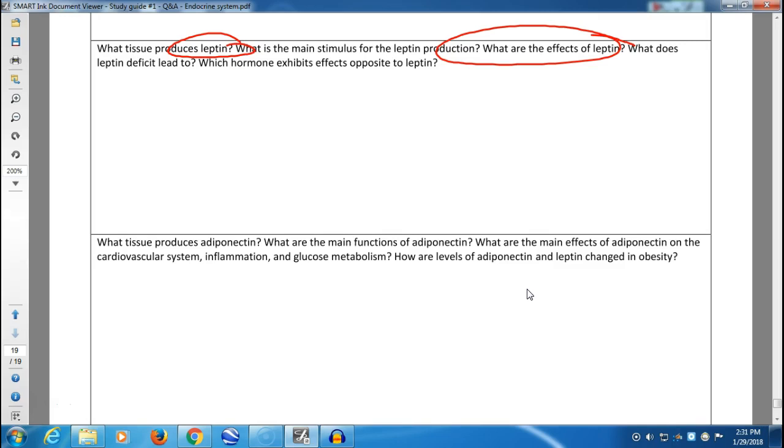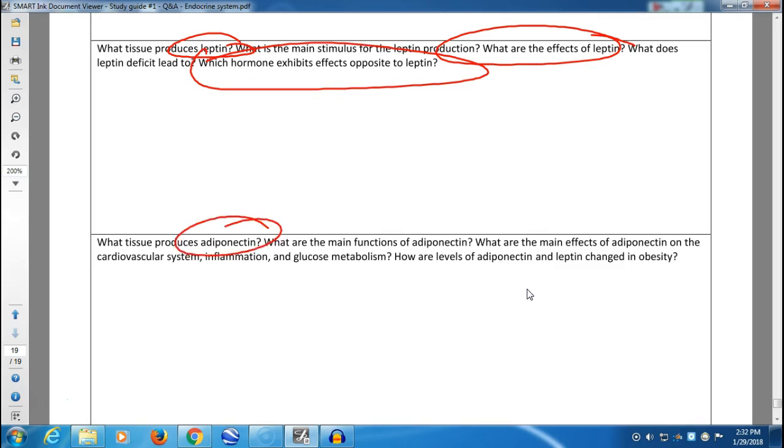Obesity, because there's no control, right? Now, obese people, do they have elevated leptin levels or low leptin levels? Elevated. Why? What do they develop? Because they constantly overeat, they develop resistance to leptin. Does that make sense? So remember that feature. Ghrelin is opposite to leptin.